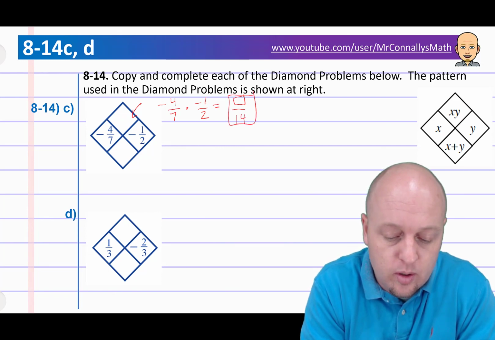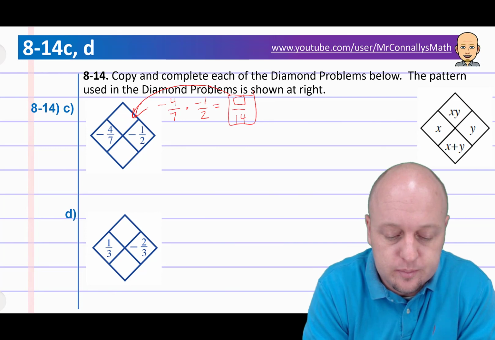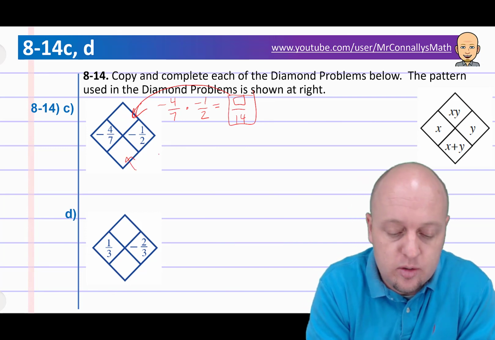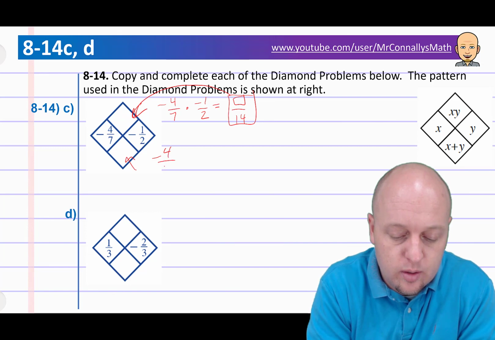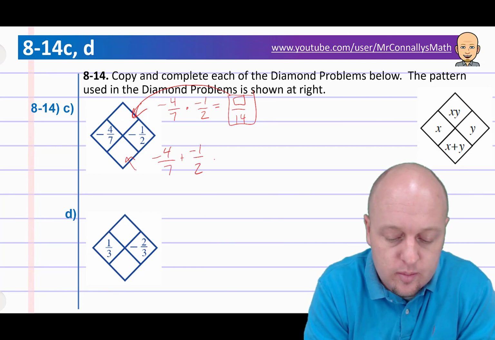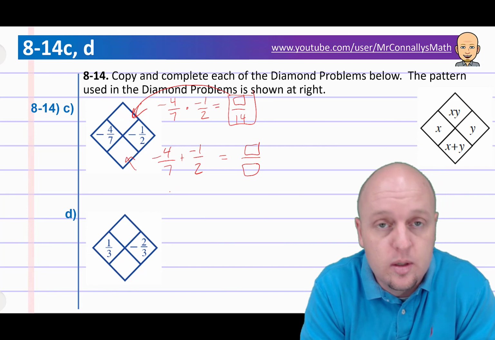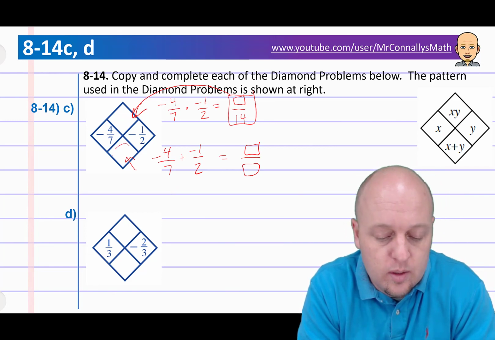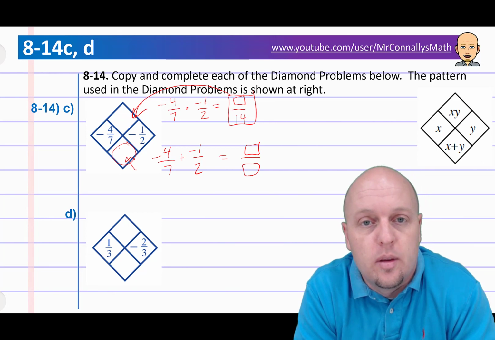And that number will go in there. And then for the bottom, this is the sum of the two numbers. So -4/7 plus -1/2. Go ahead and find a common denominator of those two numbers, and then add them up, and that number will go inside this little part of the diamond.